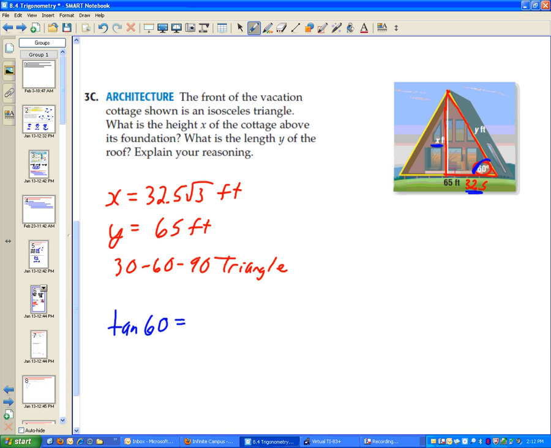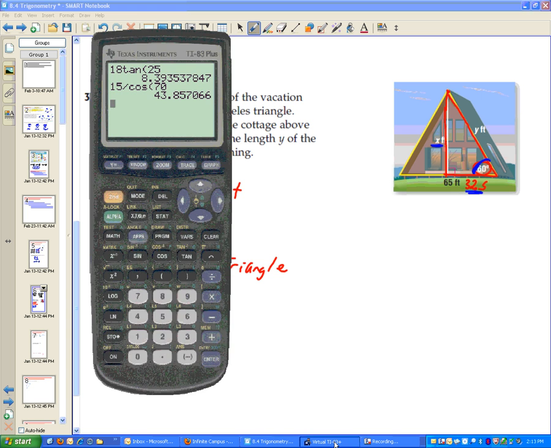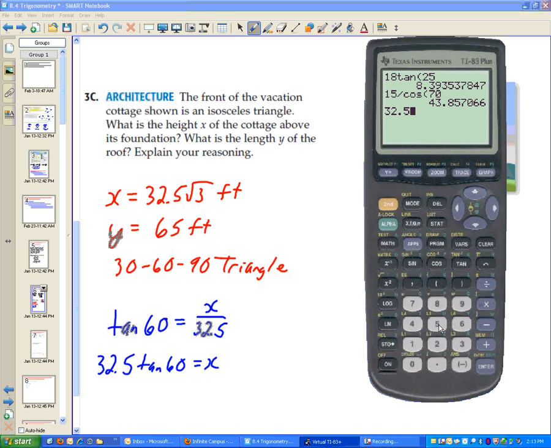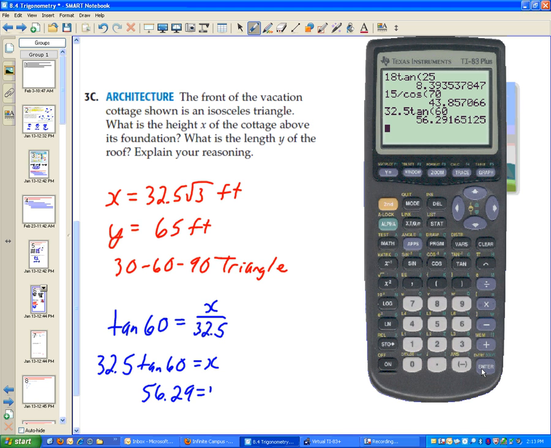Tangent of 60 equals opposite over adjacent. Clear fractions, multiply both sides by 32.5. And let's see what that is. 32.5 times the tangent of 60. And I get 56.29 for x.